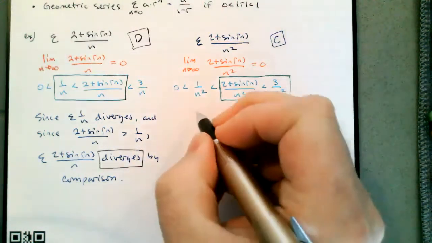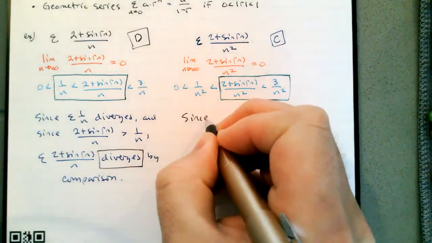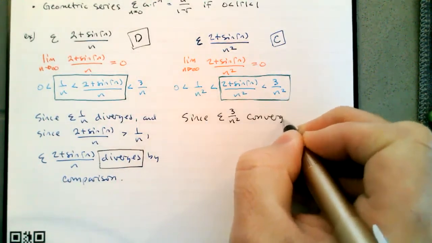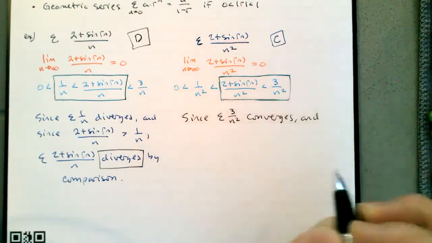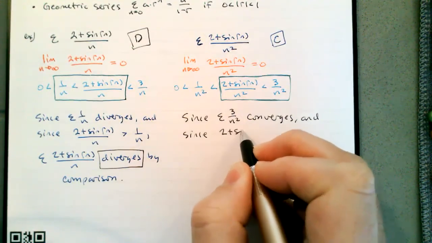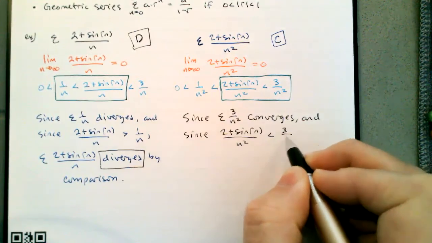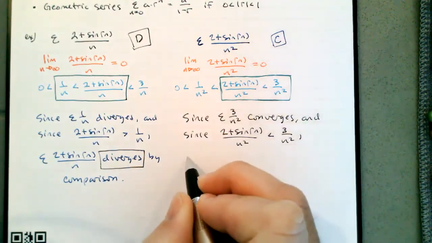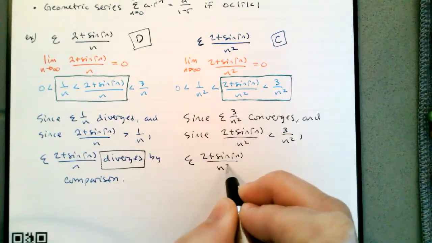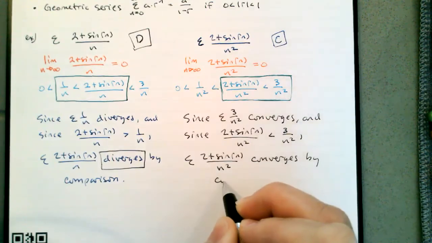And we'll say that since the series 3 over n squared converges, and since (2 plus sine n) over n squared is less than 3 over n squared, the series in question, (2 plus sine n) over n squared, converges by comparison.